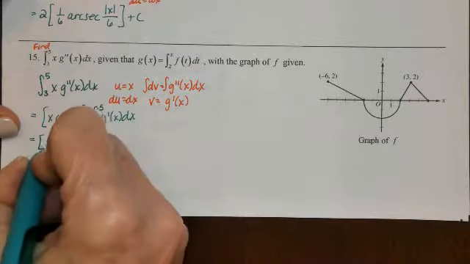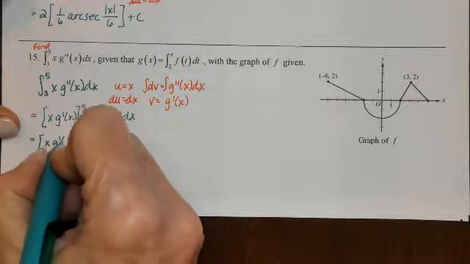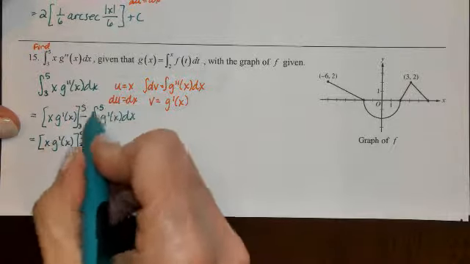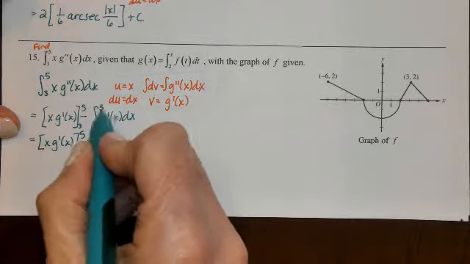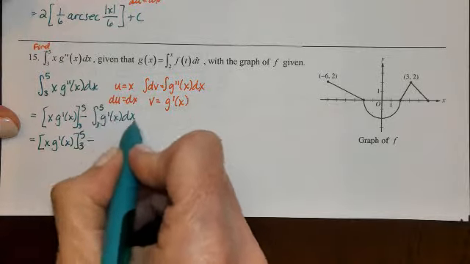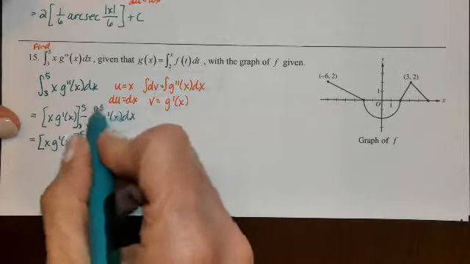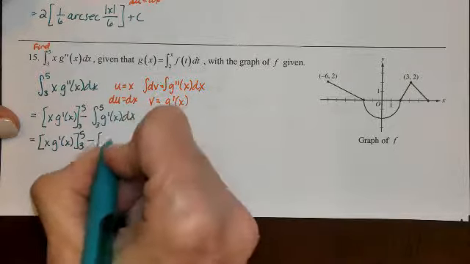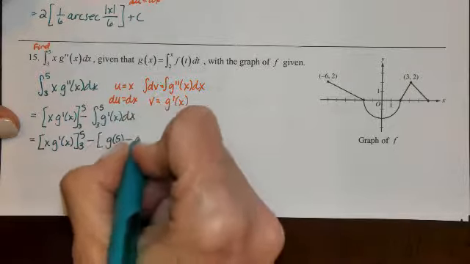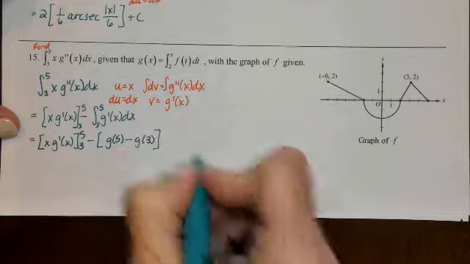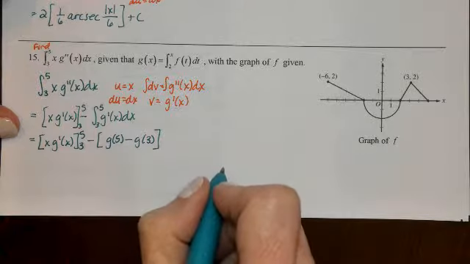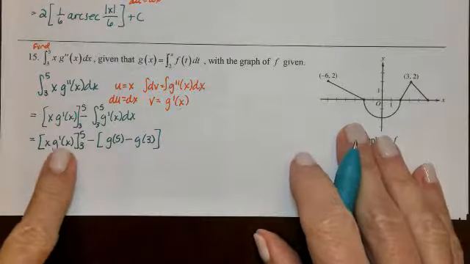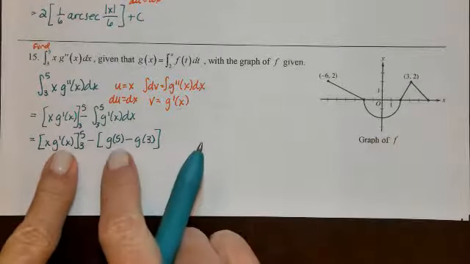I'm going to leave this alone for a second and come over here. What is the integral from 3 to 5 of g prime? This is straightforward fundamental theorem of calculus. This is just g at 5 minus g at 3. Okay? So now I need g prime, and I need g.